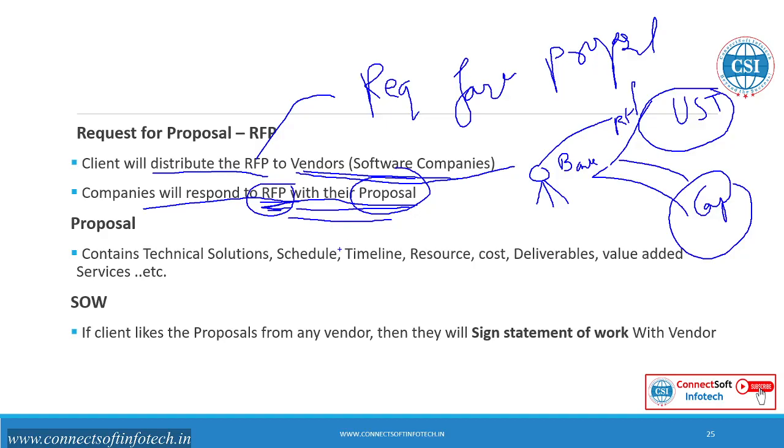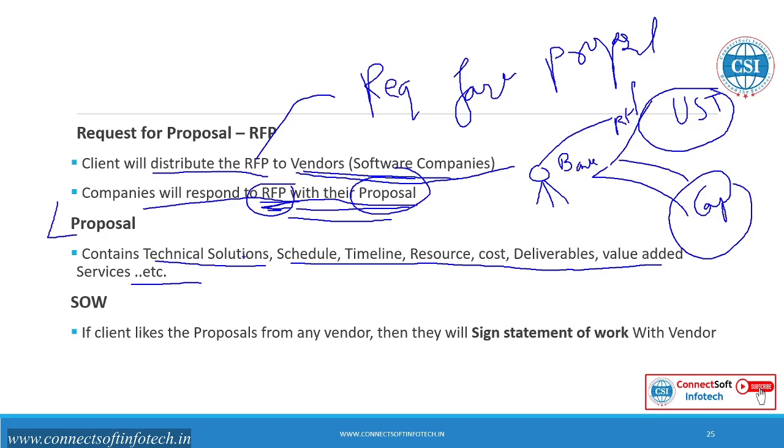So what does this company proposal contain? It contains the technical solution, schedule, timeline, resources, cost, deliverables, value-added services, etc. So the software company gives the response to the client with this proposal.